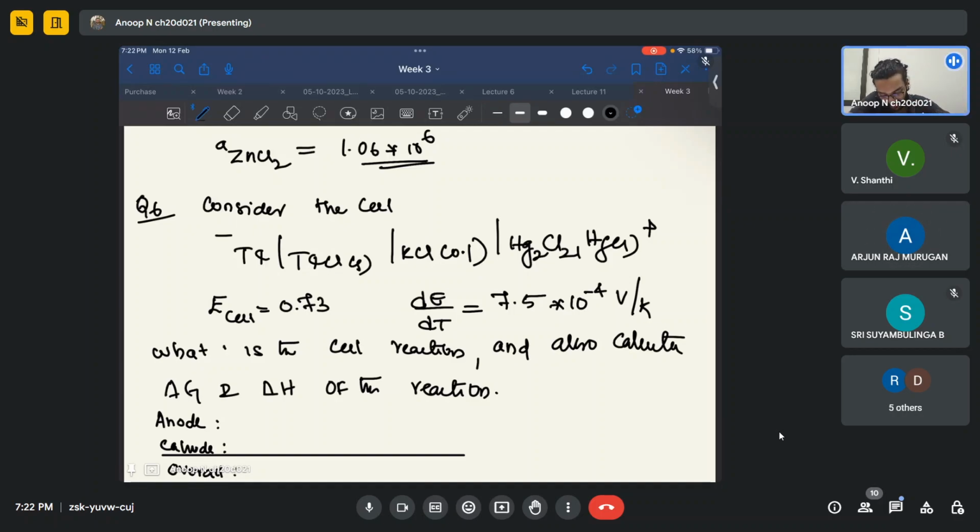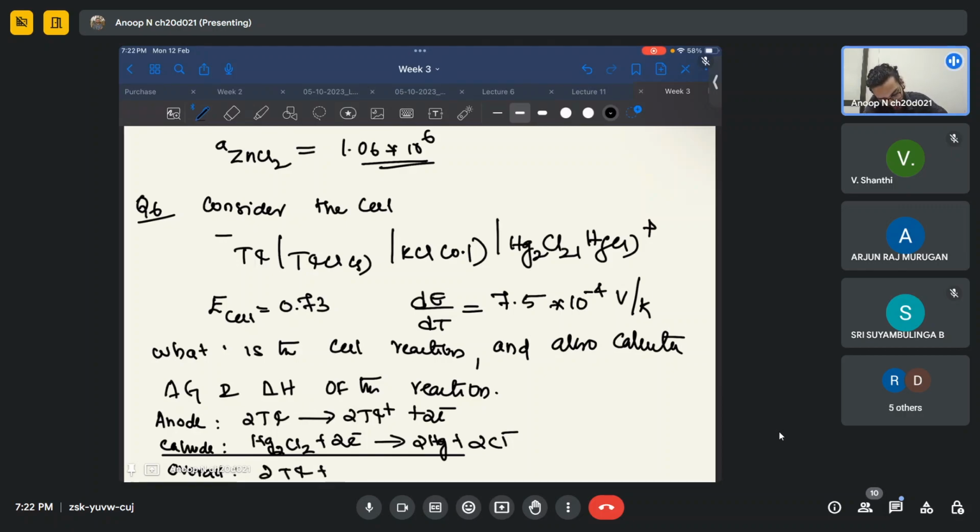So how can I write the reaction? 2Tl gives 2Tl+ plus 2 electrons. Cathode reaction is straightforward. We have seen the calomel electrode reaction. So what is that? Hg2Cl2 plus 2 electrons gives 2Hg plus 2Cl minus. So what will be the overall reaction?